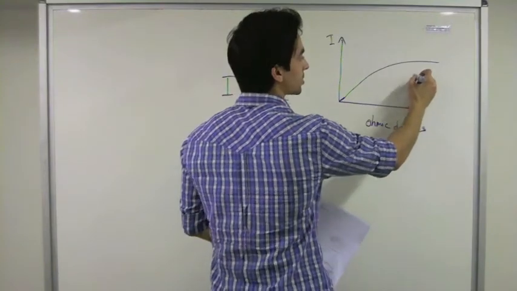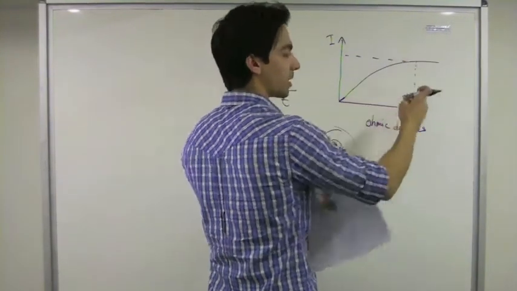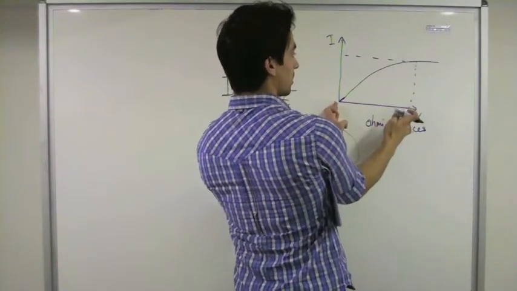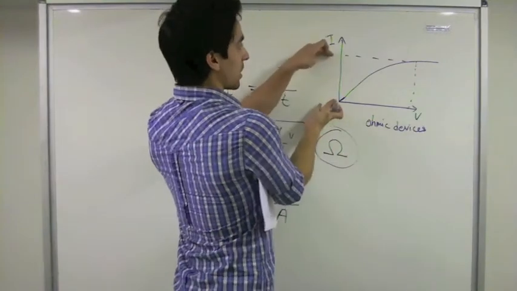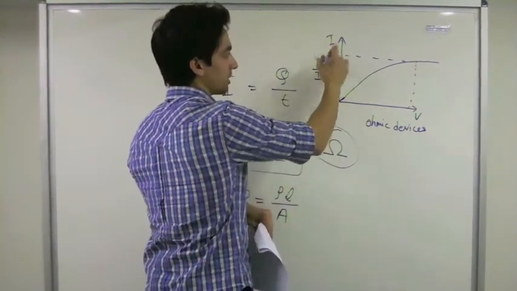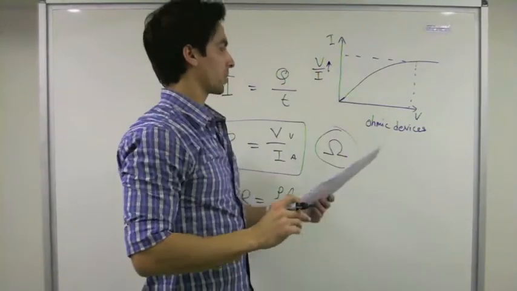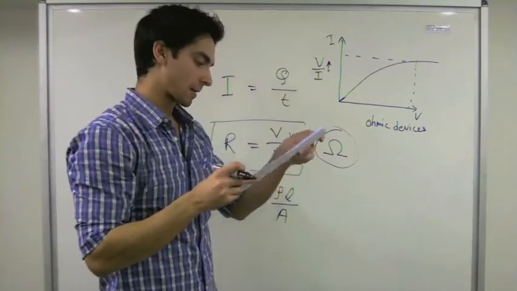So at a higher temperature, you should have a higher amount of resistance. You can see that the voltage goes on increasing at a higher rate than the current. So therefore the V over I value will go on increasing. Okay? So that's why a filament lamp IV characteristic looks like that.